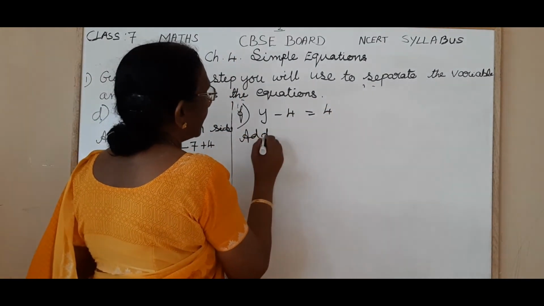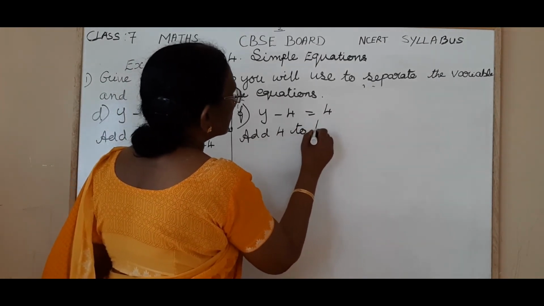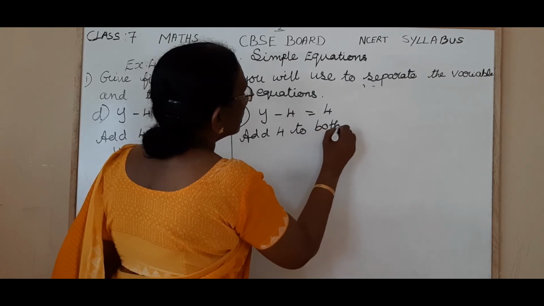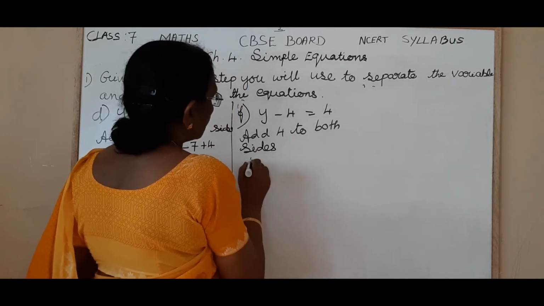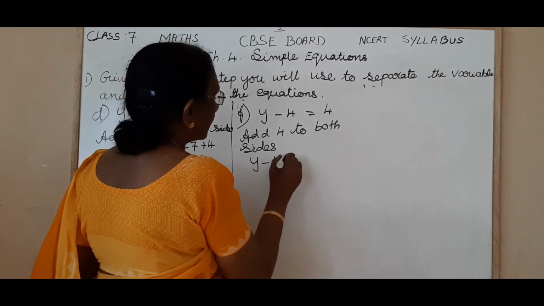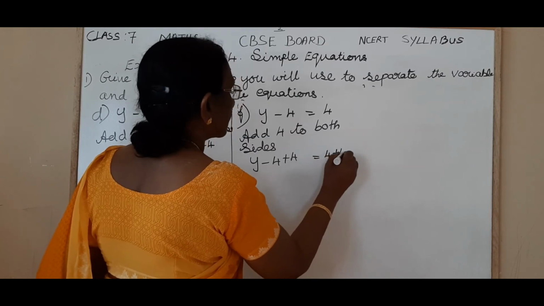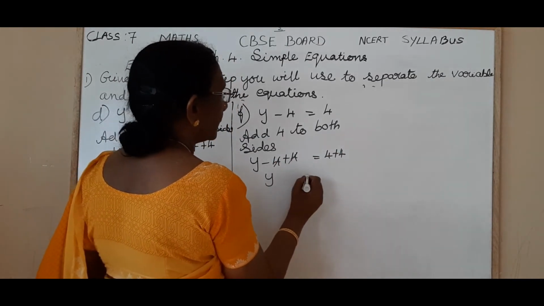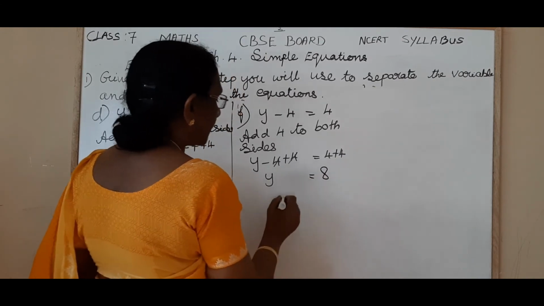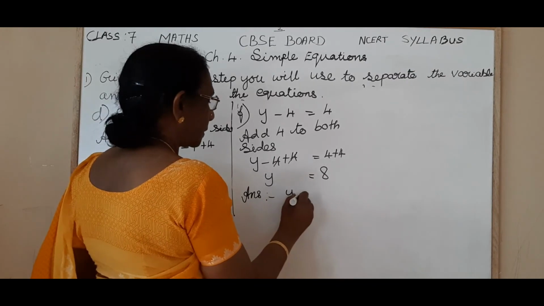Subtract, so you have to add, both sides. So y minus 4 plus 4 is equal to 4 plus 4. So y is equal to 4 and 4 gets cancelled. Y is equal to 8. So the answer is y is equal to 8.